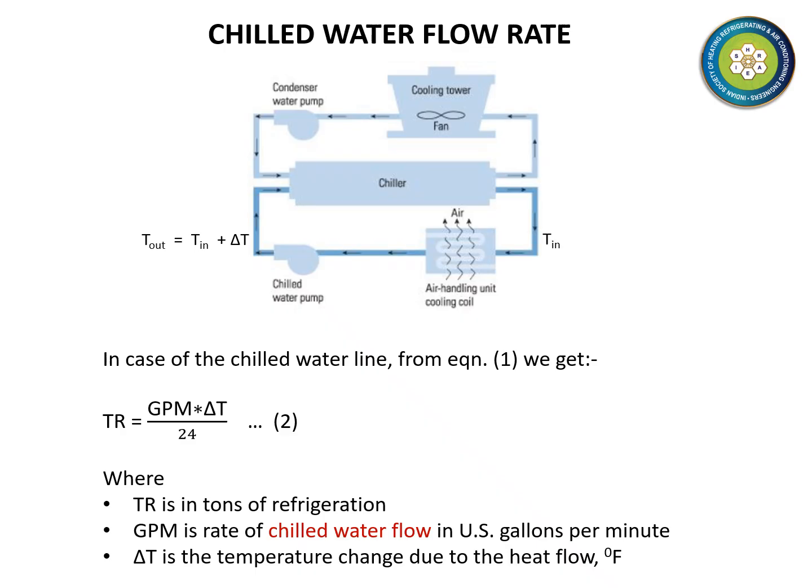We then get the formula TR equals GPM times delta T divided by 24, where TR is in tons of refrigeration, GPM is the rate of chilled water flow in US gallons per minute, and delta T is the temperature change due to the heat flow in degrees Fahrenheit.